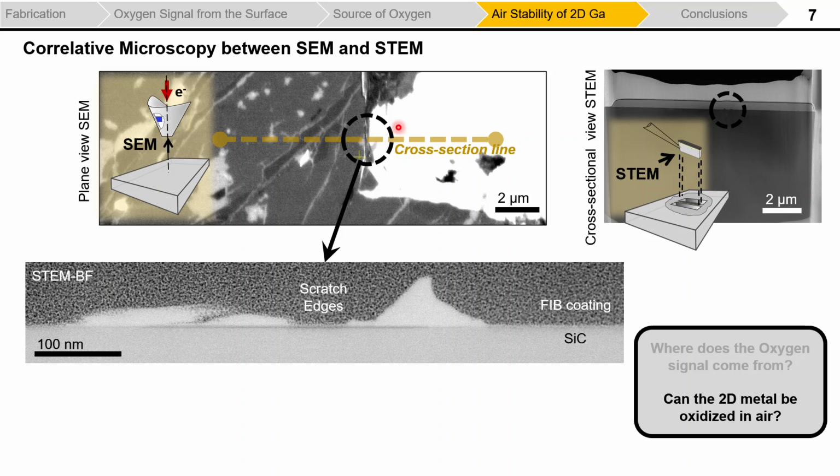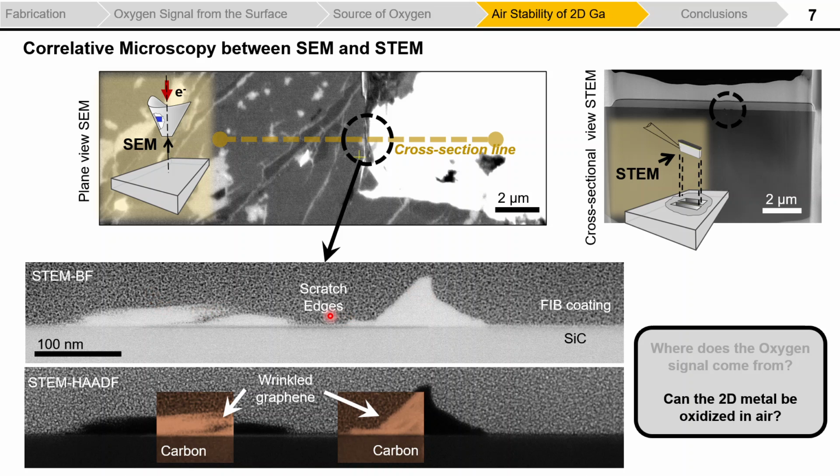We can easily find the scratch edge here, where we can see wrinkled graphene with large height on the surface. And if we apply EELS mapping here, we can even resolve the wrinkles in the graphene.